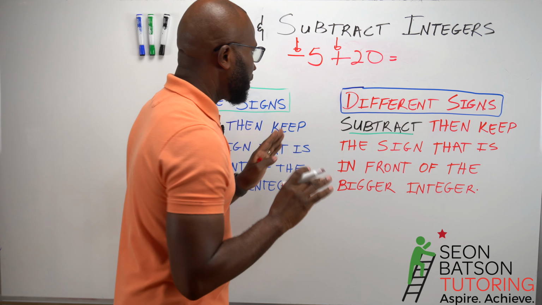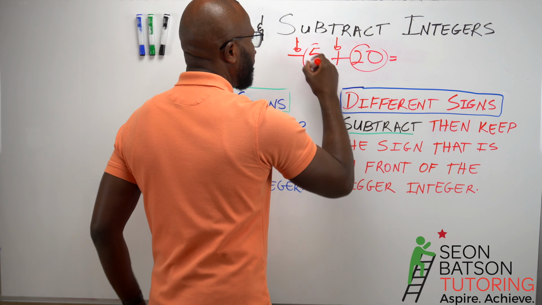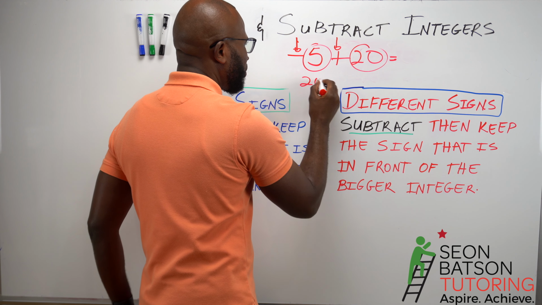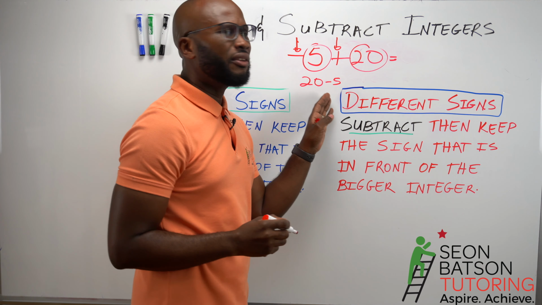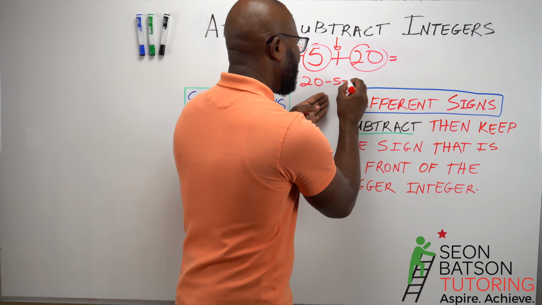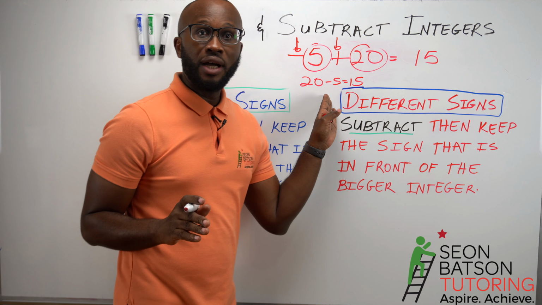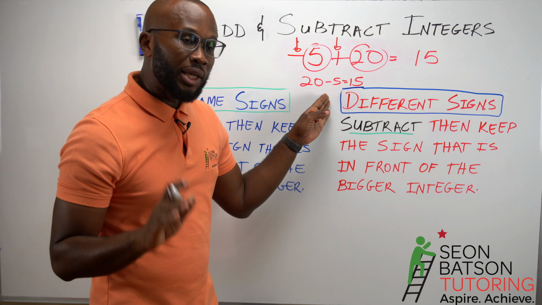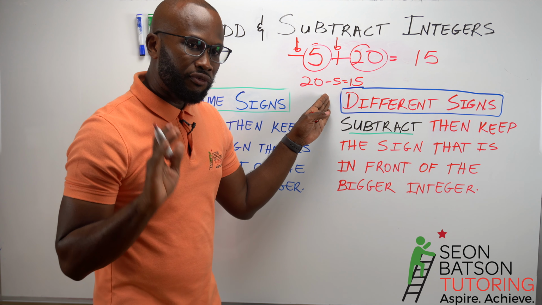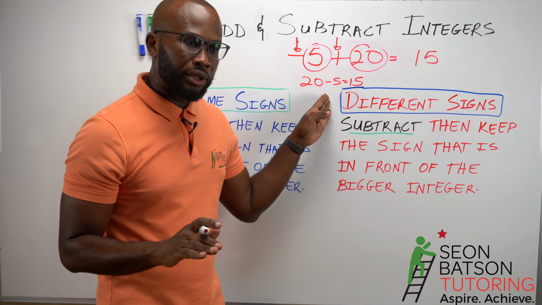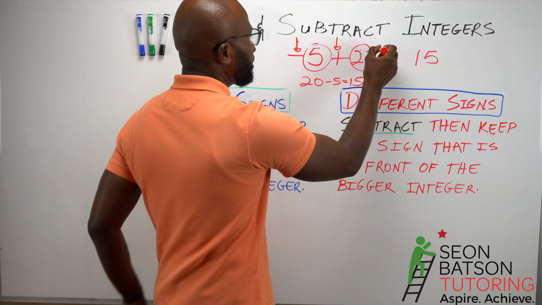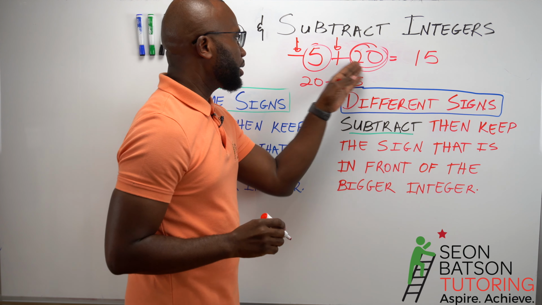So we'll first subtract 20 and 5. We will subtract the normal way we subtract. If I subtract 20 and 5, I will get 15. Now, after subtracting, I must keep the sign that's in front of the bigger integer. In this example, the bigger integer is 20. 20 is bigger than 5.